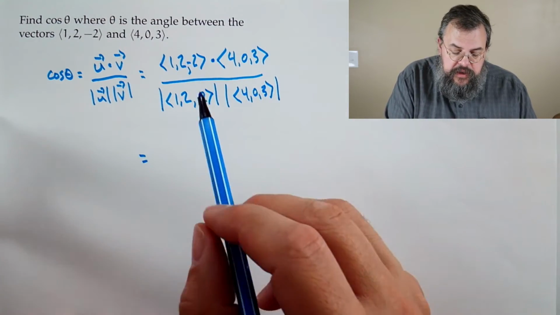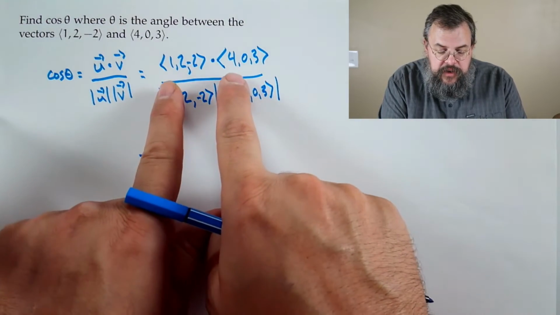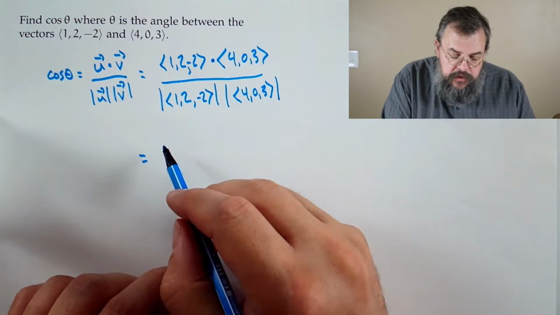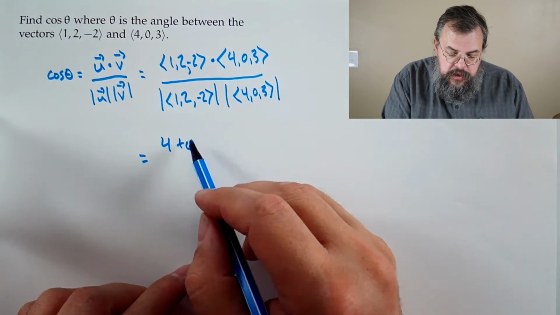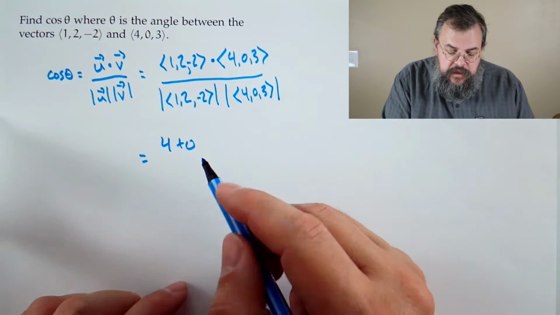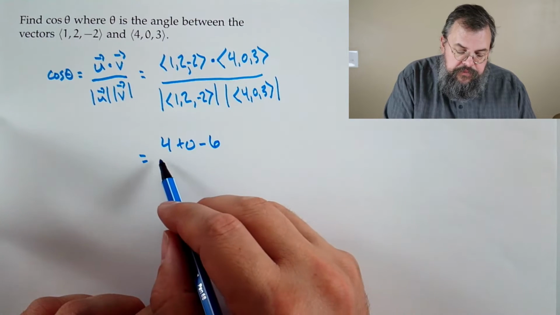Well, dot products are easy. Go entry by entry. 1 times 4, 4. 2 times 0, 0. Minus 2 times 3, -6.